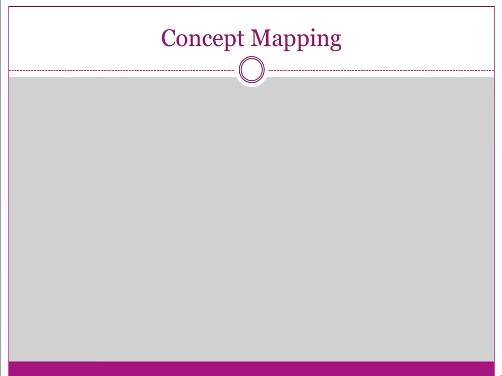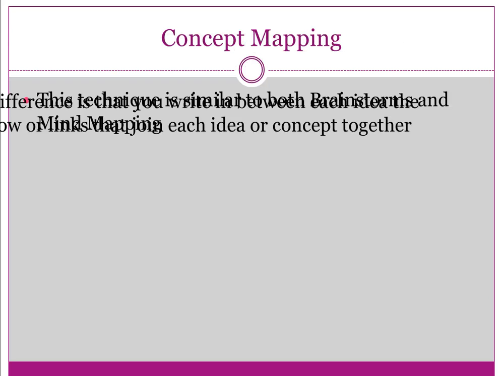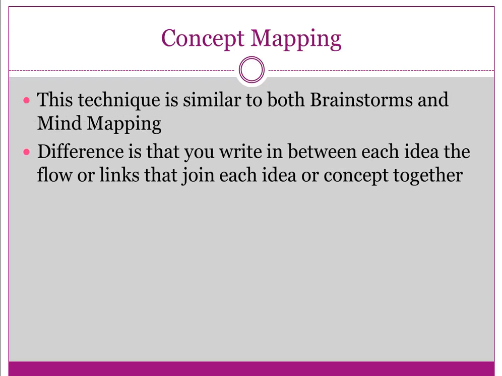All right, concept mapping. This is called a couple of things, concept mapping and something else. I can't remember it at the moment, but this technique is similar to both brainstorms and mind mapping. The main difference is that in between each of the ideas, you actually put a link between each idea and concept.